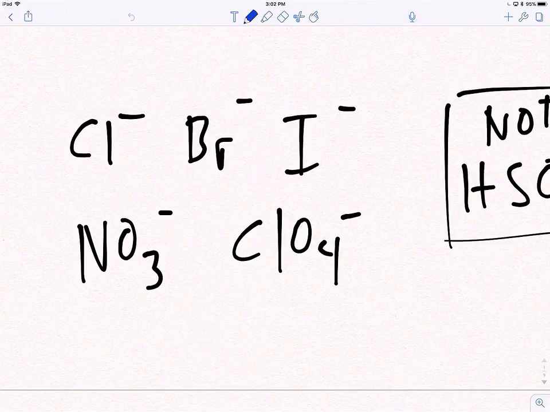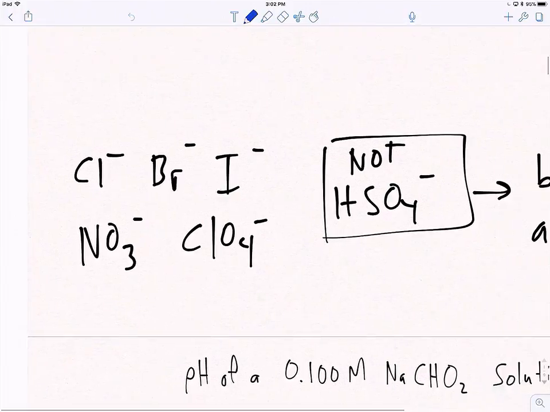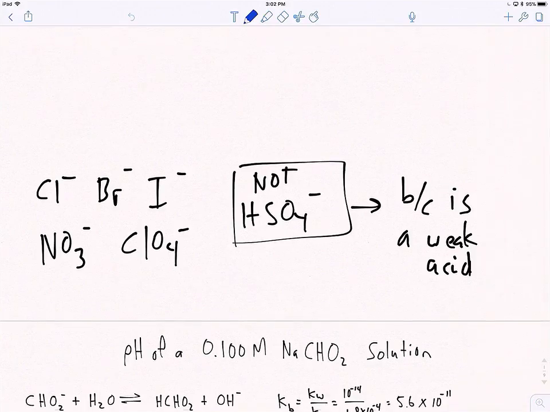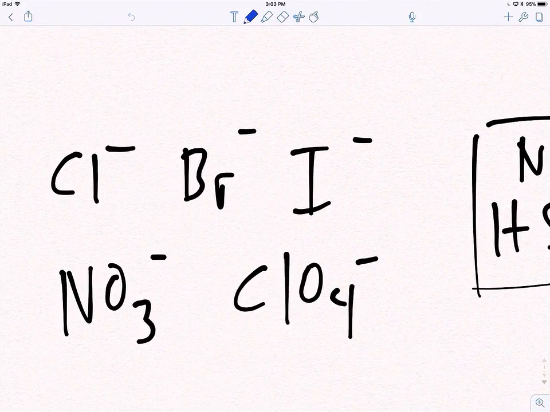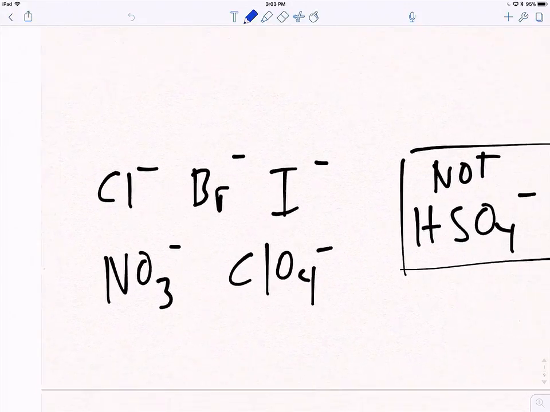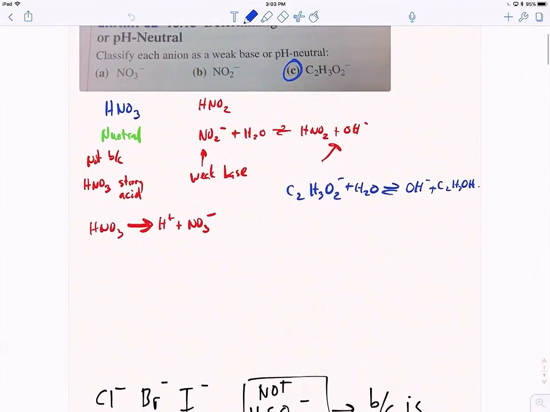And those are the conjugate bases of the strong acids. I'm specifically also not including bisulfate, because bisulfate is a weak acid. So basically everything else coming from an acid, the conjugate bases are going to be, in fact, basic when you throw them into solution.